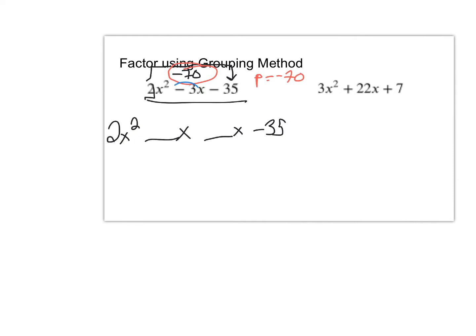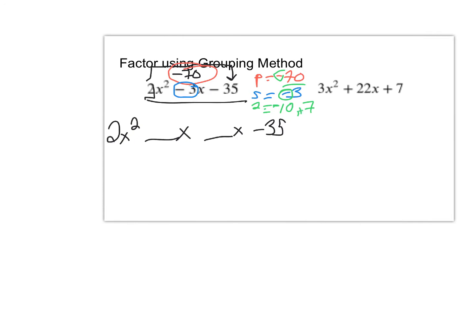My sum is right here, so that's negative 3. So what two numbers multiply to 70 but subtract to 3 is going to be 10 and 7. But I need negative 3 from these two numbers. So negative 10 and positive 7 would do that.